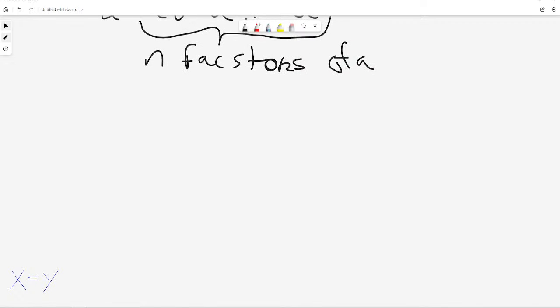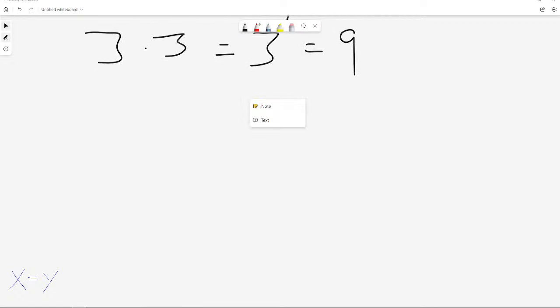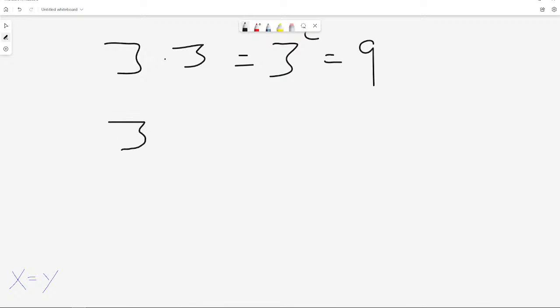Like I said about the 10 times 10, if we do something like 3 times 3, that's the same as 3 squared. That equals 9. So whenever you see 2 for the exponent, that means we're squaring, multiplying by itself. And if you see a 3, 3 to the third, or 4 to the third, or whatever number, that's the same as 3 times 3 times 3, and that's going to equal 27.